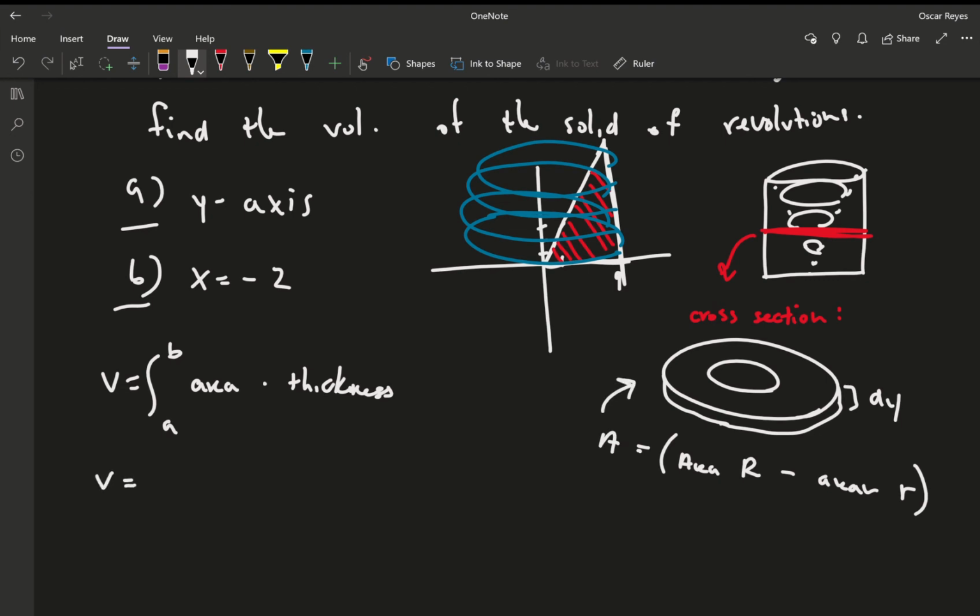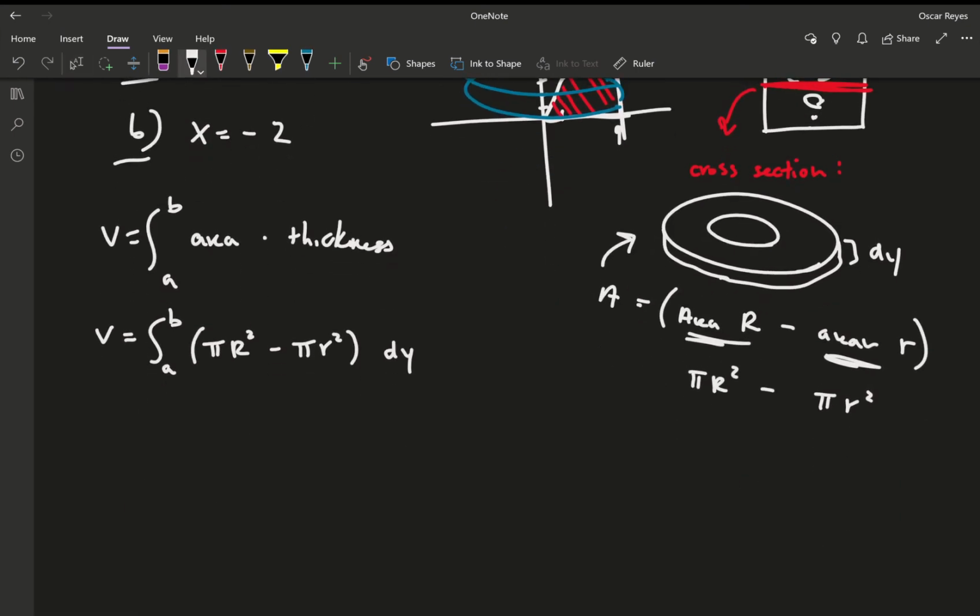So our volume is going to equal from A to B, and the area of a circle, we know that is pi r squared minus pi r squared. And I'm using the big R to represent the big radius and the little r to represent the small radius. So if we know what our area is, it is pi big radius squared minus pi little radius squared. And our thickness, as we already discussed, was dy.